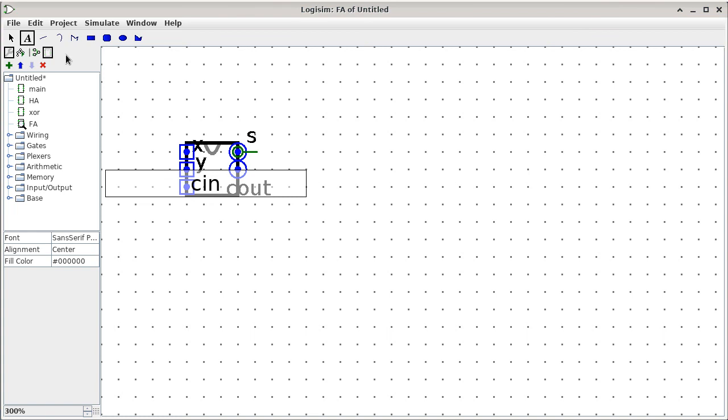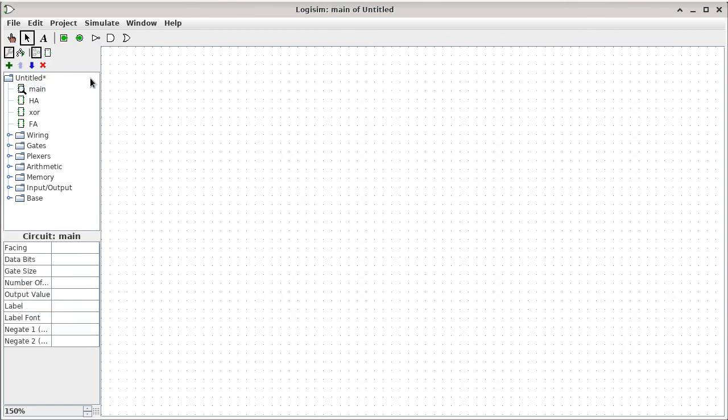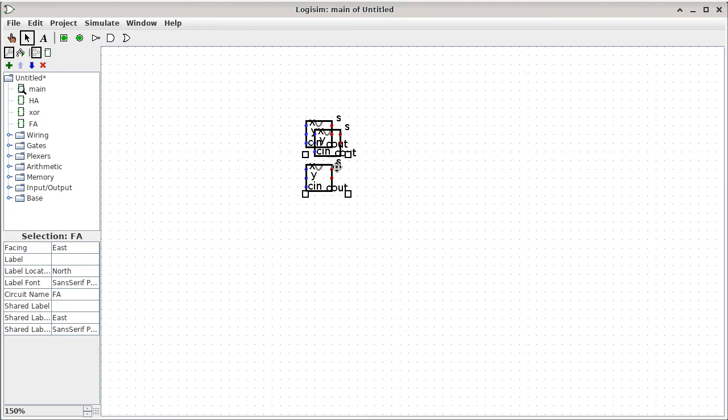I'm running short on time, so I'm not going to make it look nice, just functional enough to be used. So I go to main, and in order to make a 3x3 adder, I take 3 of these things. Okay, 1, and then duplicate it twice. Like so.